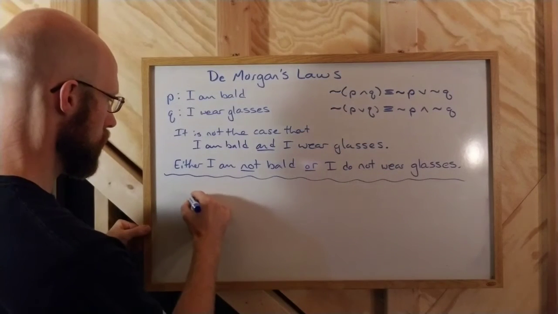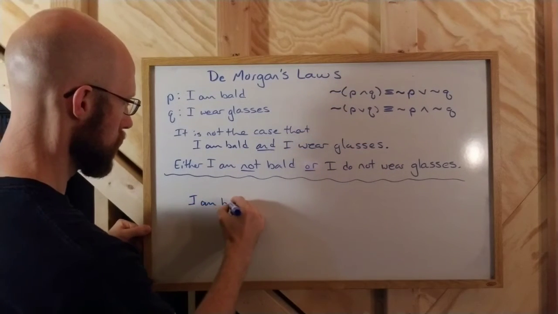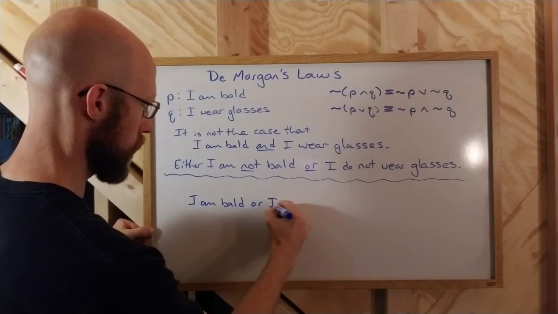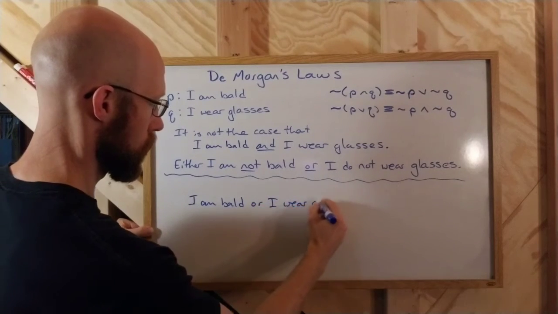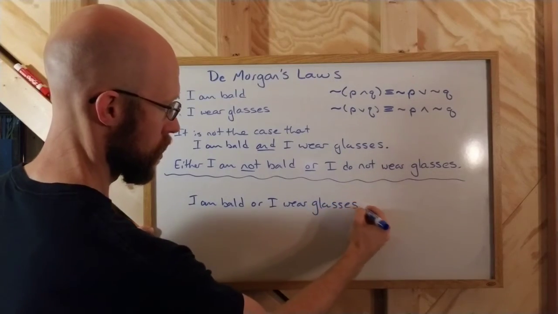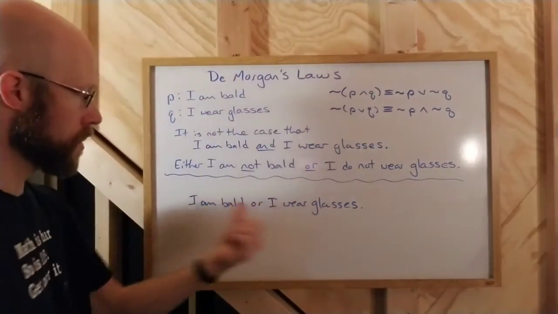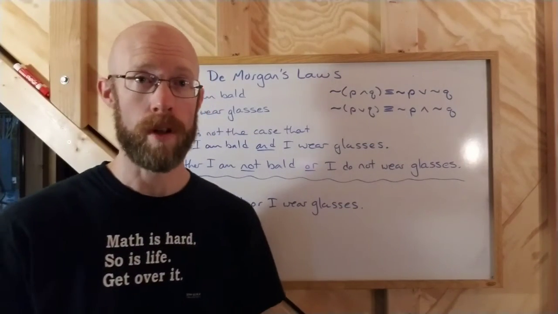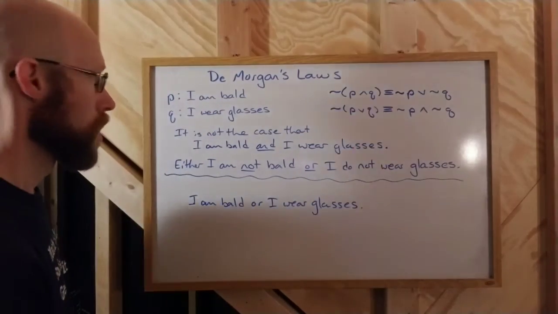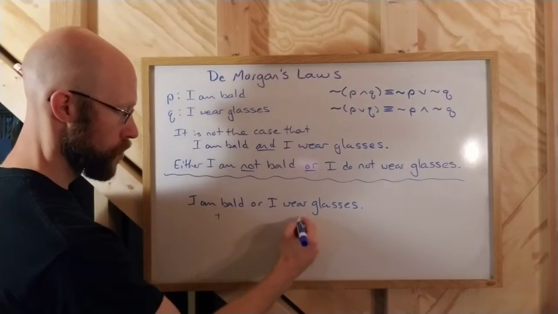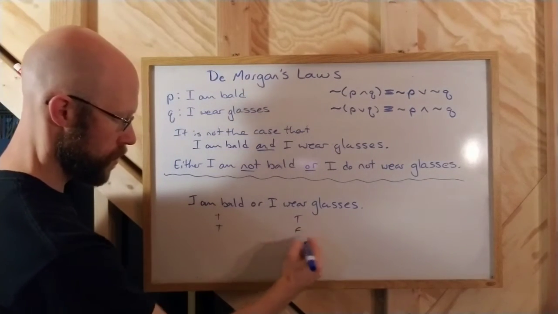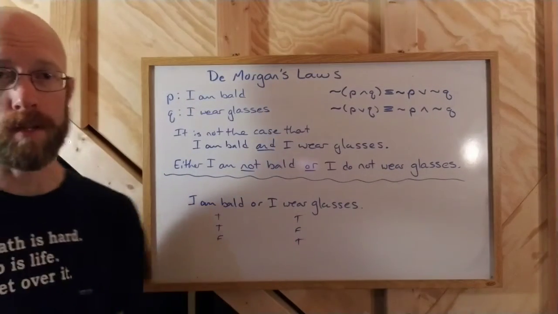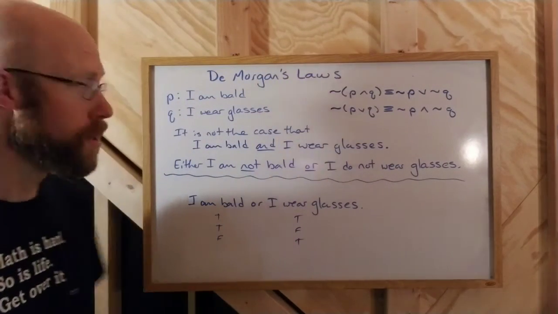So if I said I am bald or I wear glasses, well, that doesn't assume they're both true, it assumes at least one of them is true, right? So you could have true, true, you could have true, false, you could have false, true. Those are the options, right? At least one of them has to be true, they can't both be false.